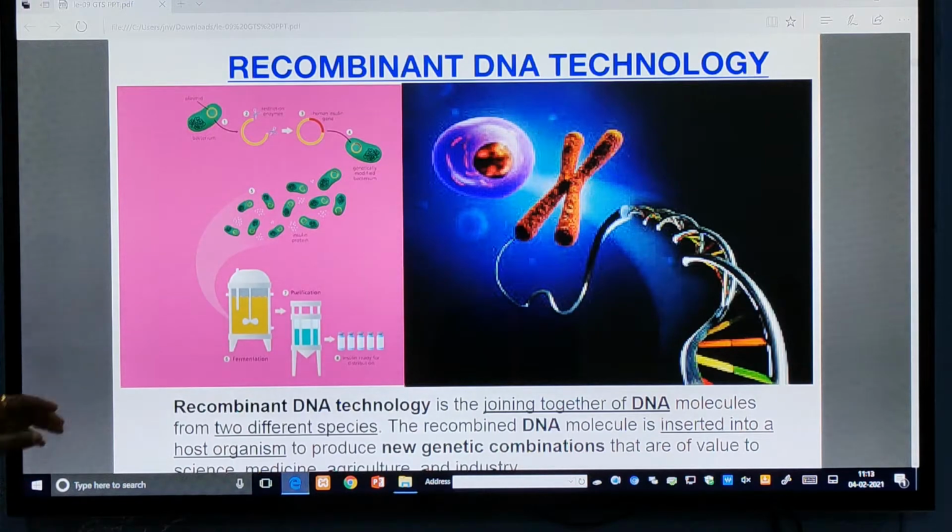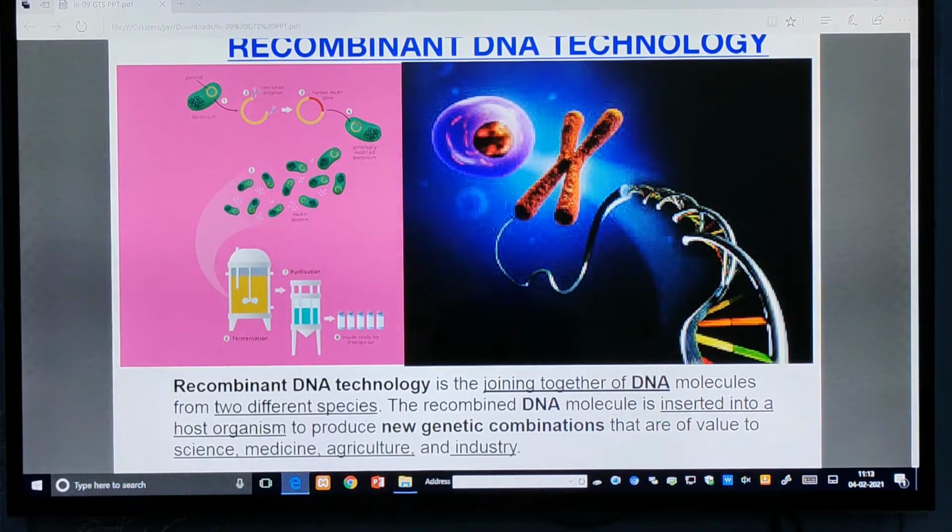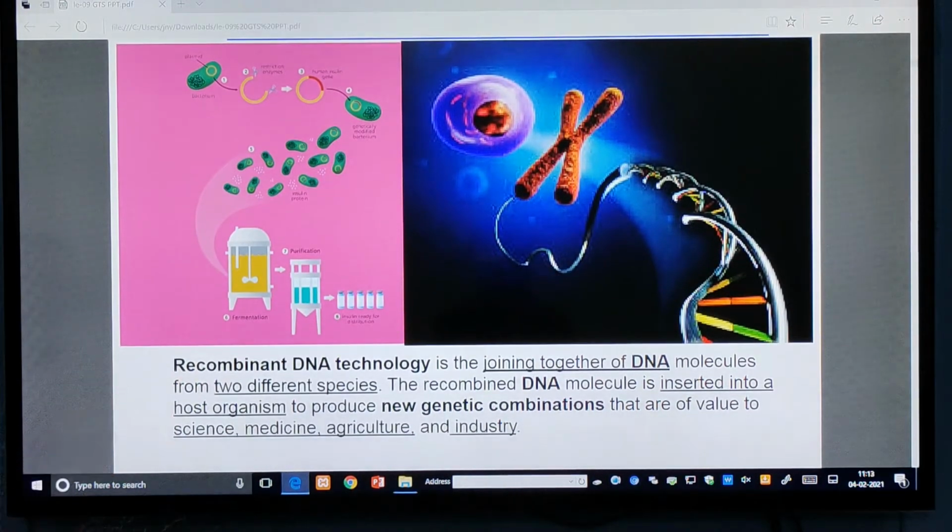Also, the chromosome structure can be modified by joining together a DNA molecule from 2 different species. The DNA molecule gets inserted into the host organism, and then you can produce new genetic combinations, and use these new genetic combinations for science, medicine, agriculture and industry.